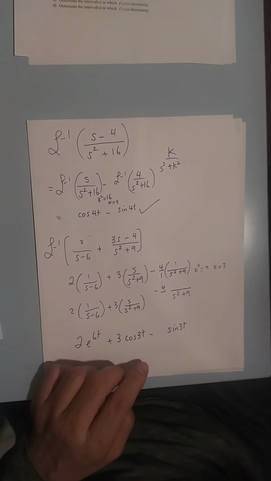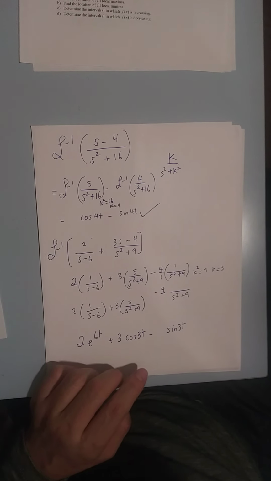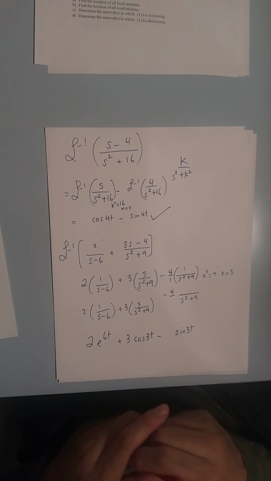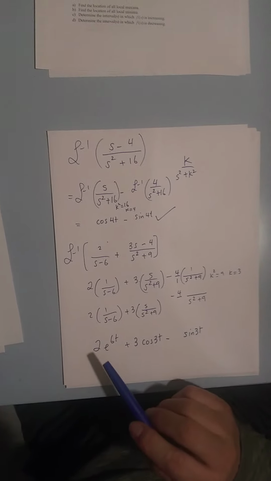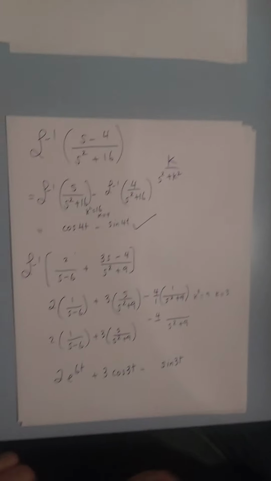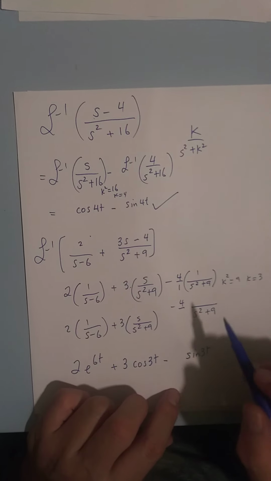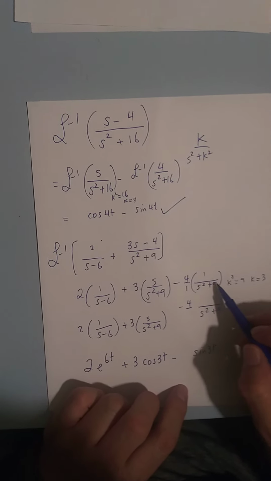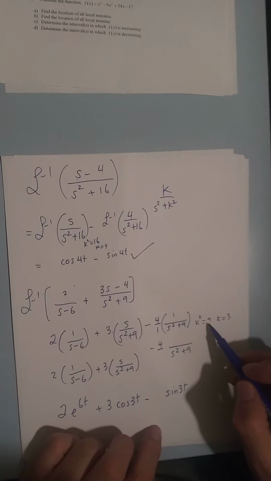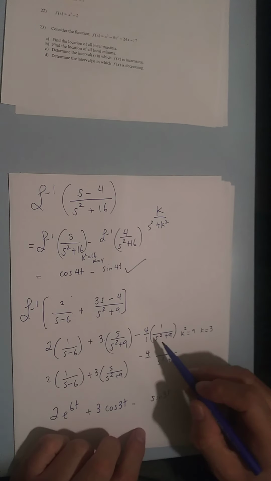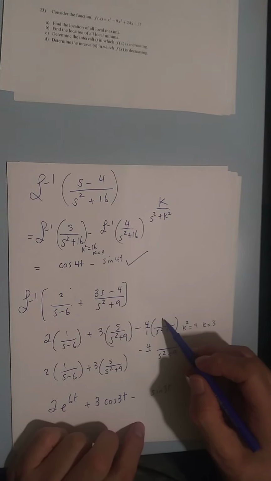And we still need to invert the transform. So the next step is 2 times 1 over s minus 6 plus 3 times this function. Okay, for s squared plus 9, k squared is equal to 9, so k is equal to 3. So we would like to have a 3 in the numerator here.